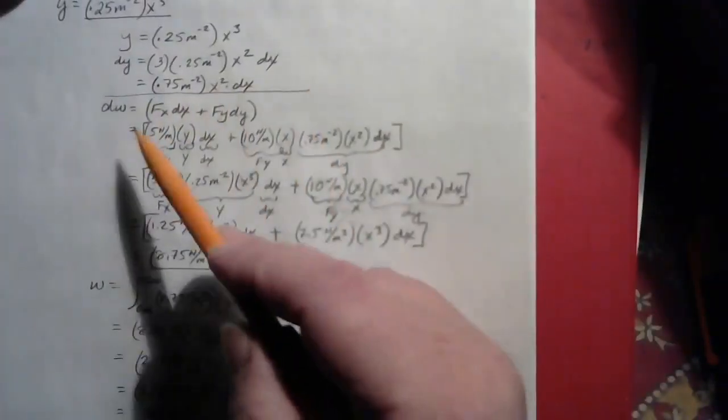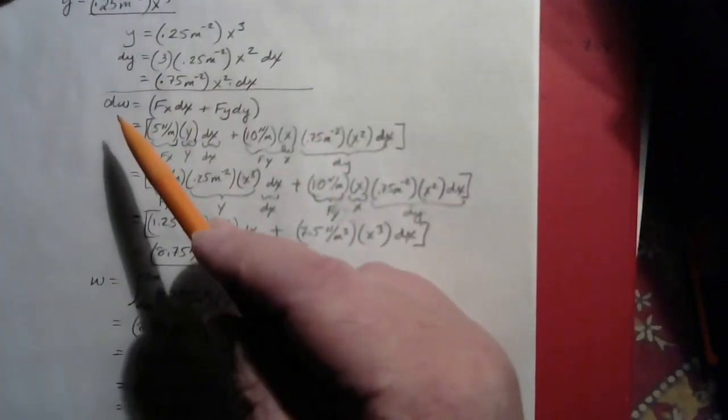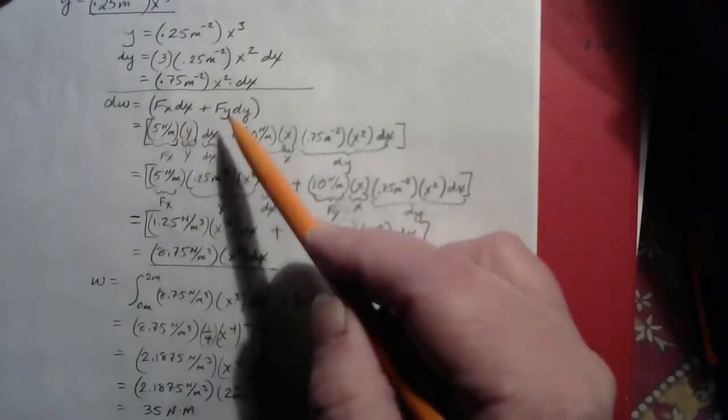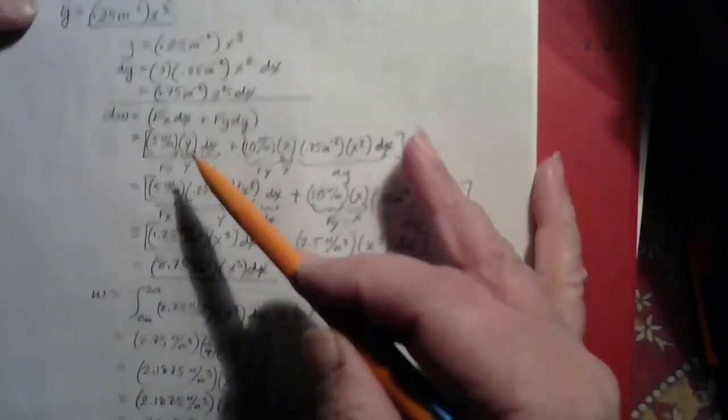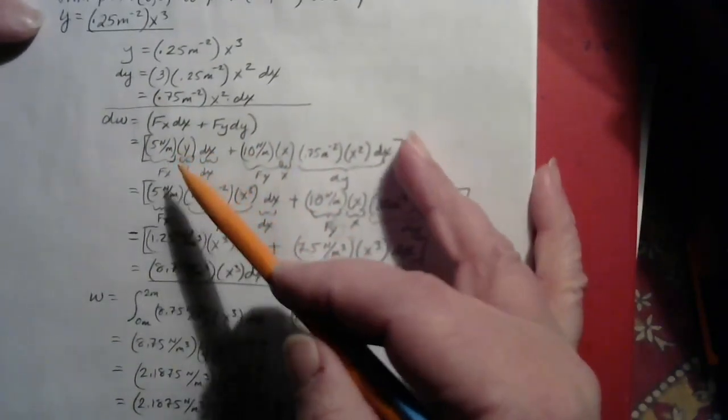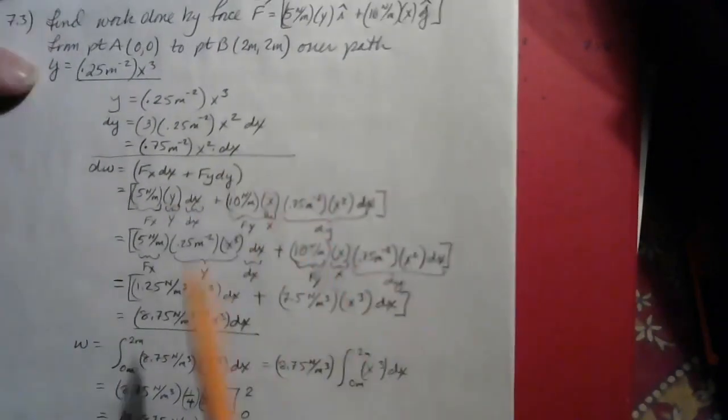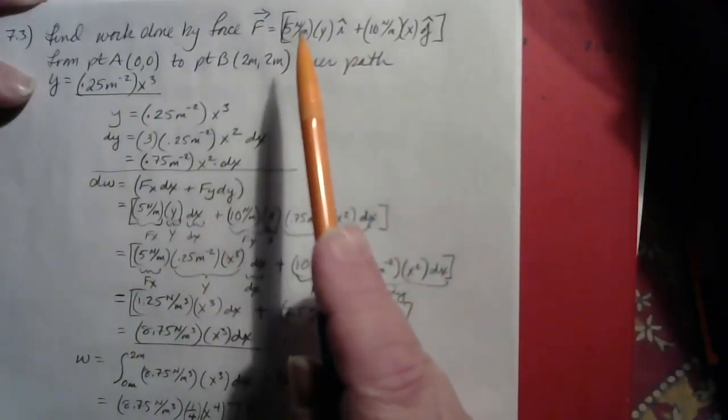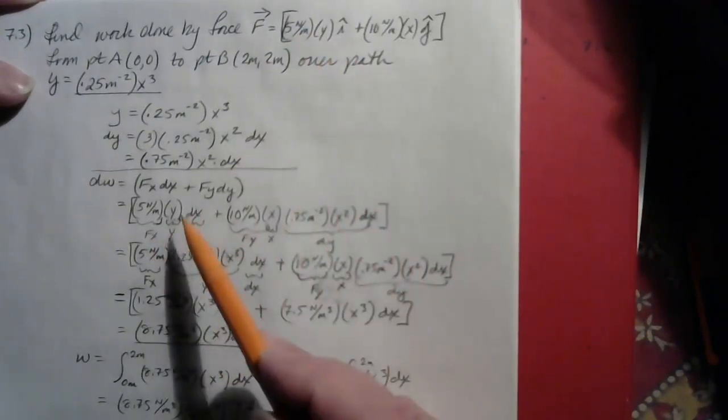All right, so the infinitesimal increment of work would be Fx dx plus Fy dy. Fx is the x component of the force equation, which again is 5 newtons per meter times y.